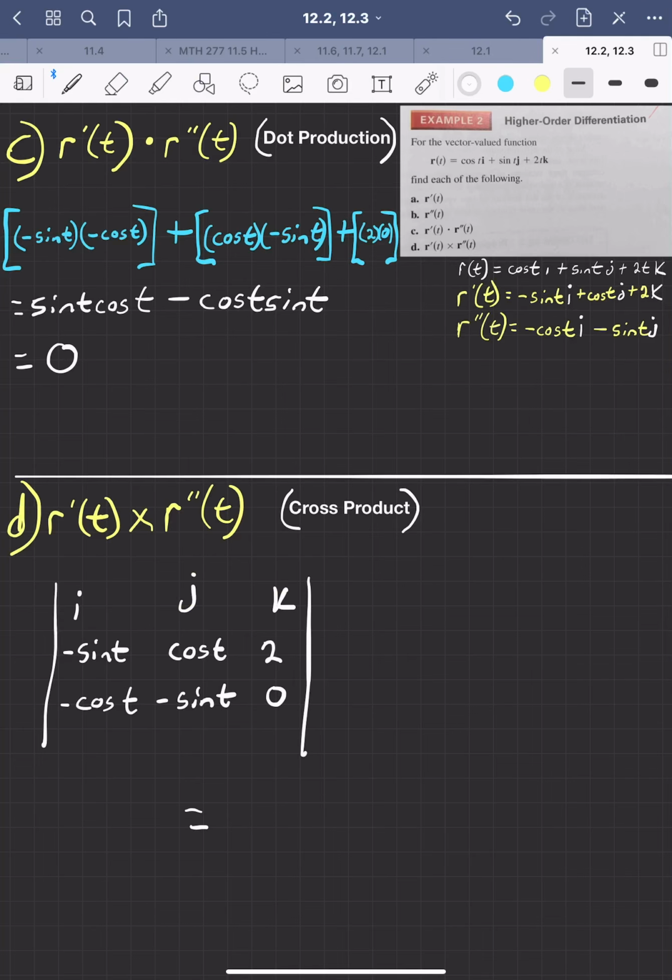So this is what I'm getting for part D. 2 sine of t i minus 2 cosine of t j plus k. All right. So assuming there's no silly mistakes, we've now done a few different derivatives. So where do we go from here?